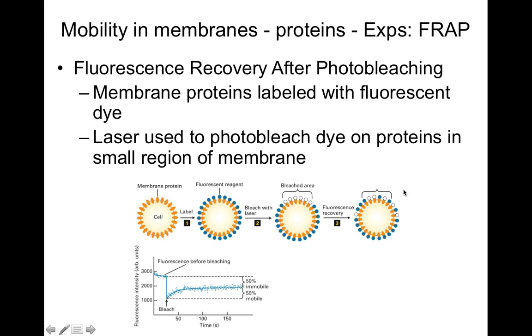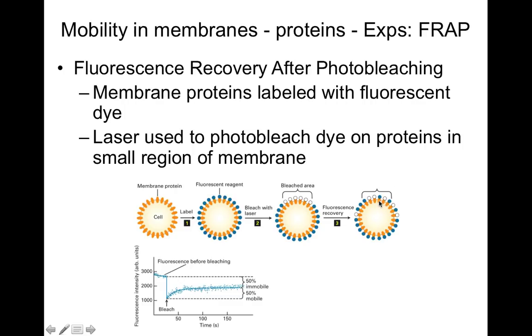In this portion here, which is the fluorescence recovery, we still see some bleached out proteins. This tells us that these proteins were probably peripheral, or proteins that were either lipid anchored or anchored to a structure on the outside of the cell.